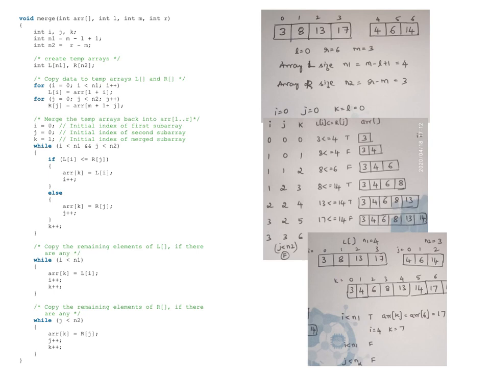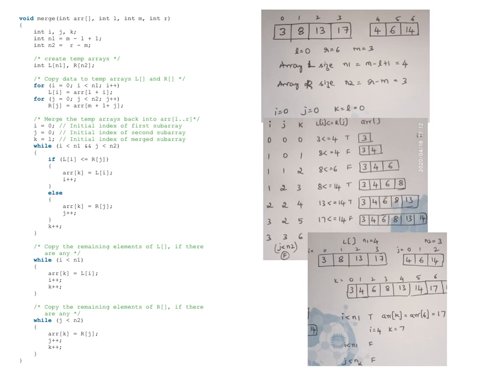In this case it is true, because I value is 3, n1 is 4, which means that one element, index I, is pending, that is 17. So I am going to add L of I, L of 3 is 17, to array of k. So 17 gets added to the array. Then I am going to increment I and k, I becomes 4, k becomes 7. So I less than n1, 4 less than 4 is false. So it comes out of the while loop.